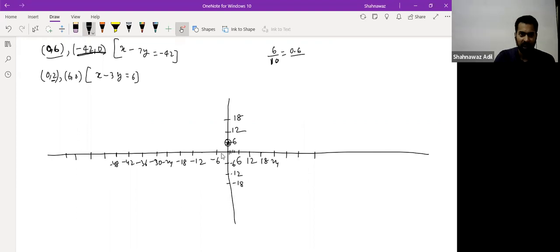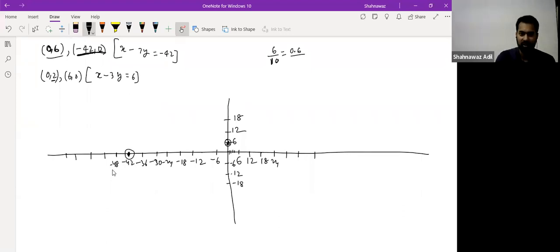And what will be (-42, 0)? In the x direction we have to move minus 42, and in the y direction we have to move 0. So this is the point.